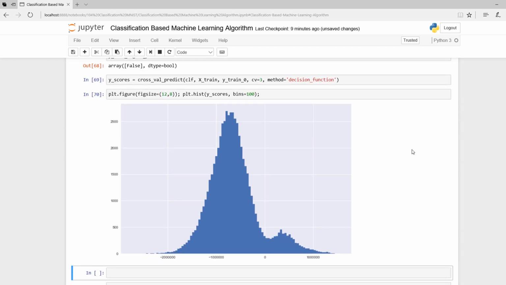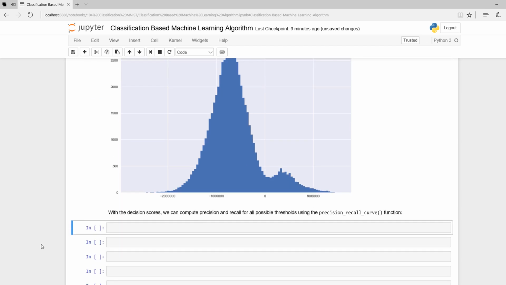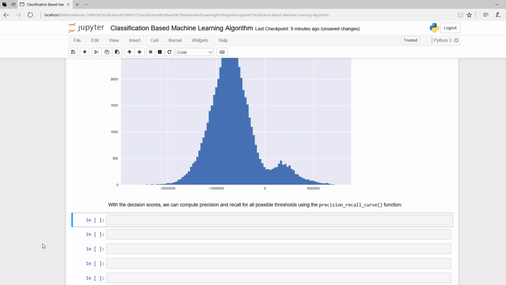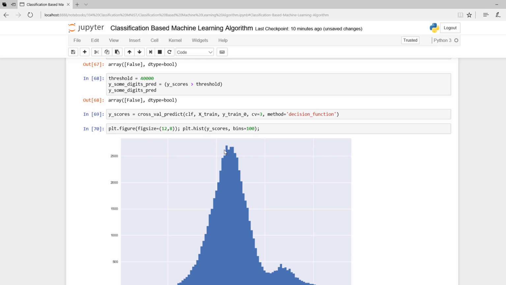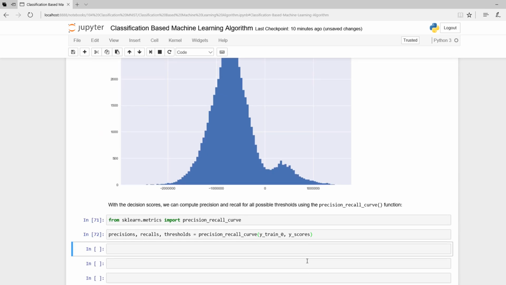Notice that this is the plot of the actual decision function. With the decision score now, we can do something with it. We can compute precision and recall for all possible thresholds using the precision recall curve and plot it out and have a visual. Because we have all the scores, this is the y-score. We stored it in y-scores.